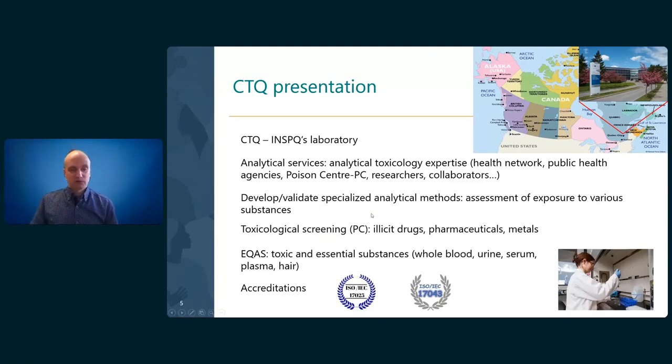One of our departments also organizes external quality assessment schemes, mainly for toxic and essential elements in different matrices like whole blood, urine, serum or plasma, hair, and so on. And all these activities are actually regulated by guidelines ISO 17025 and 17043. So we got accreditation for these two standards.